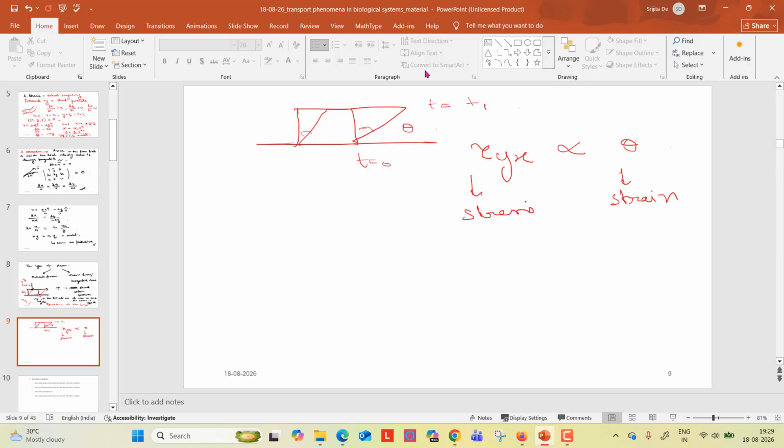So suppose there is a semi-solid thing, okay, and you are pushing it from the top and the top level is shifted a little bit. But it is solid after all, so you can conclude that stress is proportional to strain, okay.